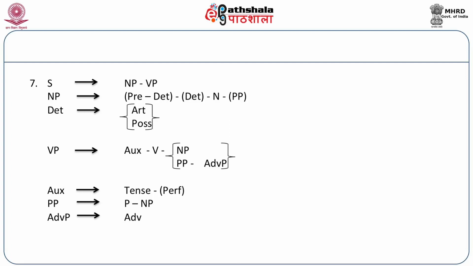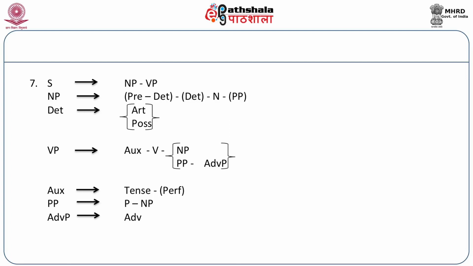We find that all the noun phrases have a noun, but not all of them have a predeterminer or a determiner or a preposition phrase, and therefore predeterminer, determiner and preposition phrase are in round brackets, but noun is not. Now when you formulate a rule for the determiner, we find that we have 2 kinds of determiners here, either an article or a possessive, and therefore we put them in curly brackets.